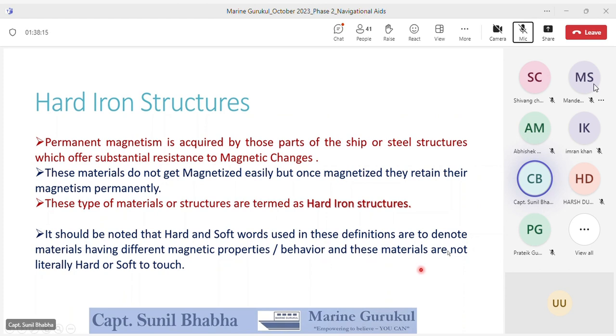These materials are not literally hard or soft to touch. Both of them are made of steel or iron, so they are equally hard or soft to touch. It is not that a soft iron structure is very soft to touch. No, it is not that way. Do not take the meaning of the words literally. They are just denoting their magnetic properties or magnetic behavior.